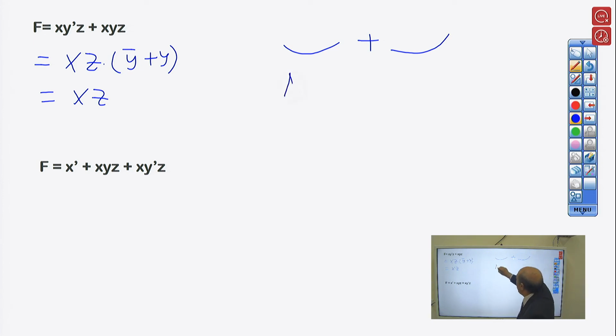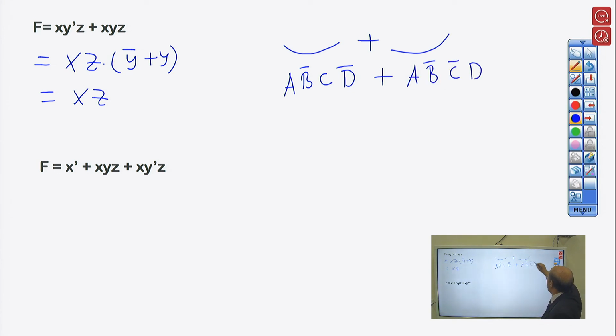For example, A, not B, C, not D, or with A, not B, not C, not D. You see these two terms differ on the state of C only. So we can simplify it directly to A, not B, not D.